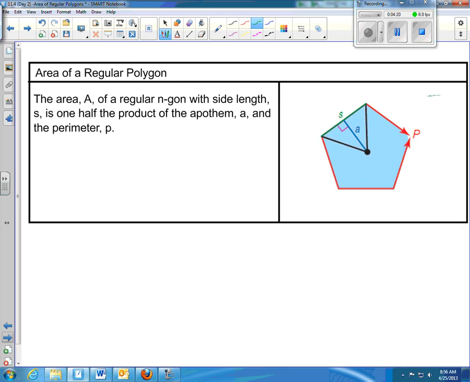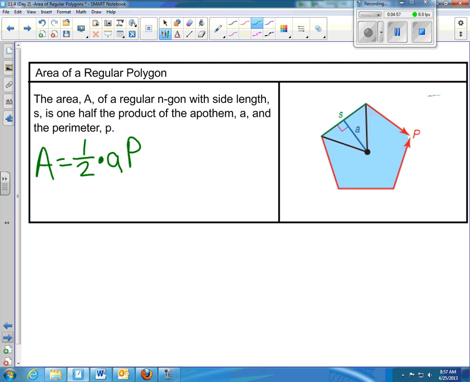Now if we look here, area of a regular polygon, this is another way to talk about it, but you actually end up finding the exact same thing as what we just saw. This is going to be a little bit more mathematical for you. So it says the area A of a regular n-gon, so n just means how many sides it has, with a side length of s, is half the product of the apothem and the perimeter. All right, so half the apothem times the perimeter. We could change that.